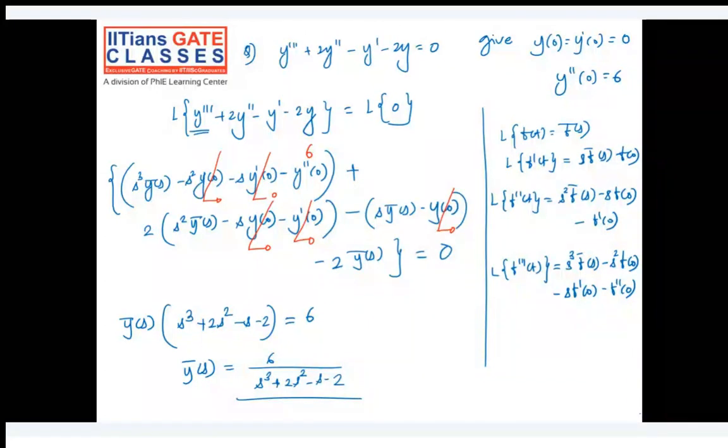I'll go to the next slide. Y bar of s, I'll repeat here, is 6 divided by s cube plus 2s square minus s minus 2. You know how to proceed after this: by partial fractions. If you take s square common from the first two terms, you get s plus 2, and from the last two terms, if you take minus 1 common, you get s plus 2.